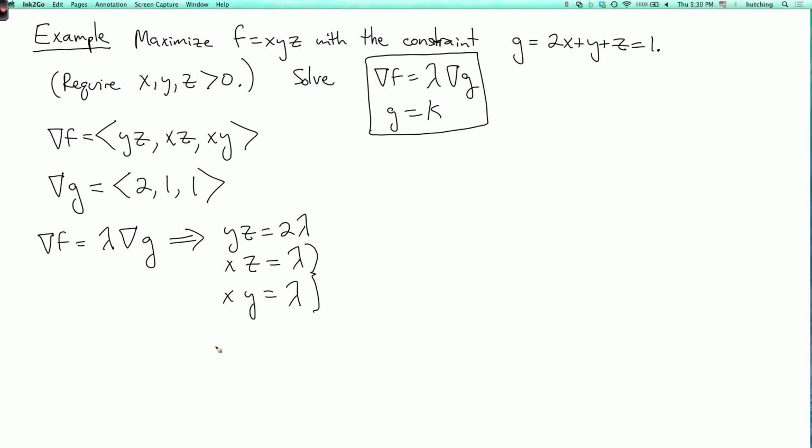In other words, I could subtract one equation from the other and write this as x times z minus y equals 0. And since x is not equal to 0, it follows that z equals y. So here I have z equals y.